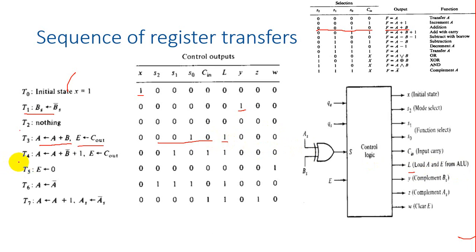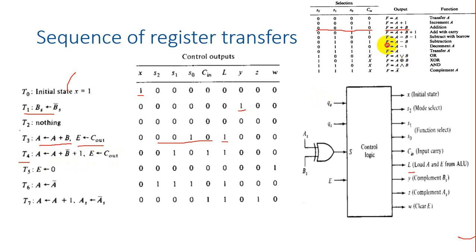At T4, A plus B bar plus 1. That is A minus B. And carry out goes to the overflow bit. That means you perform subtraction operation, the result goes to the A register, and carry out goes to the overflow bit. So A minus B, right? Look at over here.